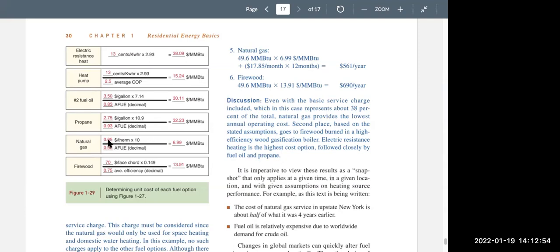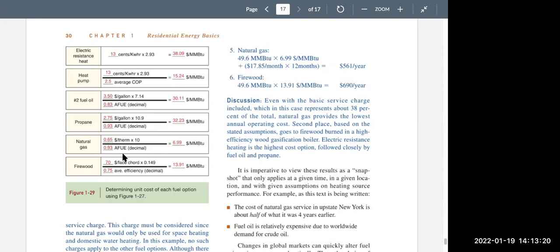Natural gas, that one they got only at 65 cents a therm though. They dropped that down quite a bit, but that's the volatility of the cost of things. And so I expect the cost of everything to go up. We're in a state of inflation right now. So natural gas shouldn't be going down, it should be going up.